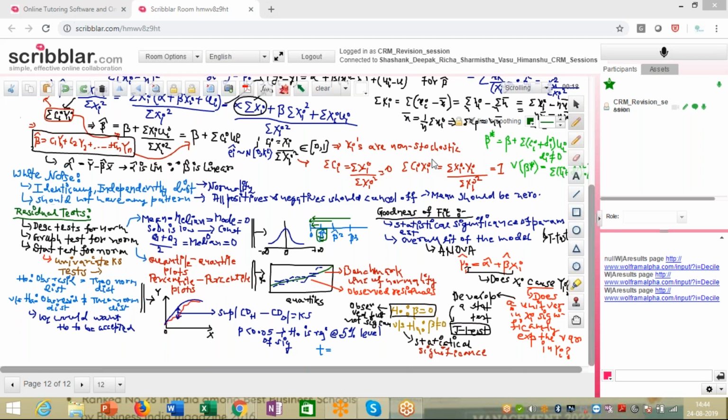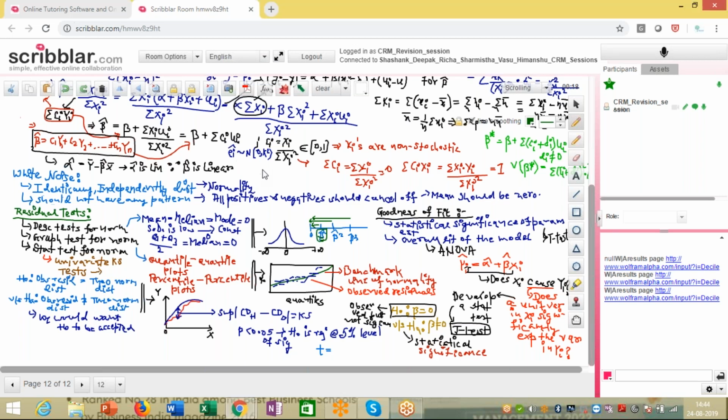We are not comparing whether the two variables are the same or not. All we are comparing is whether X explains Y. Because if beta hat is not statistically significant, then it means that Xi does not significantly impact or explain the variations in Yi.